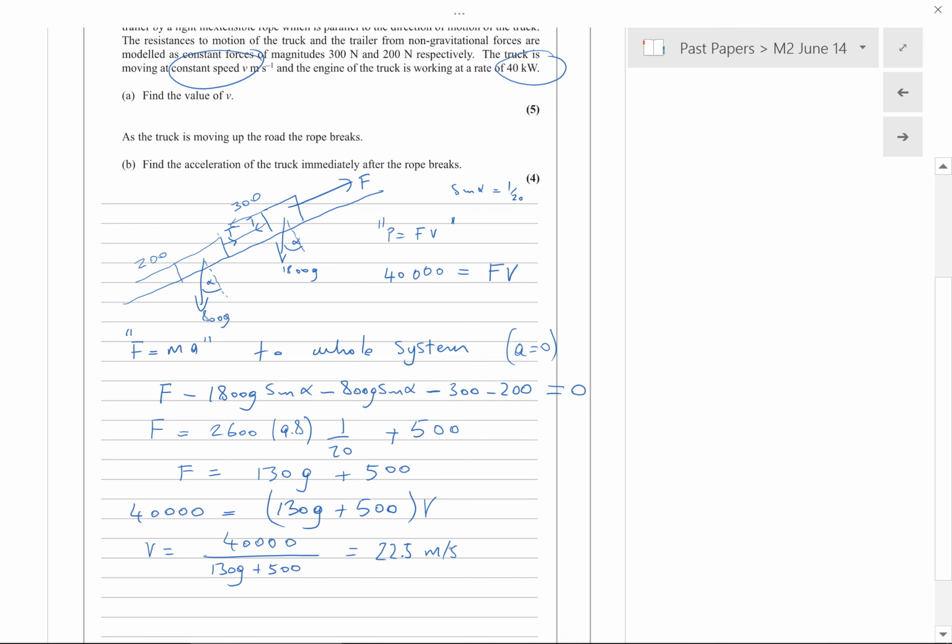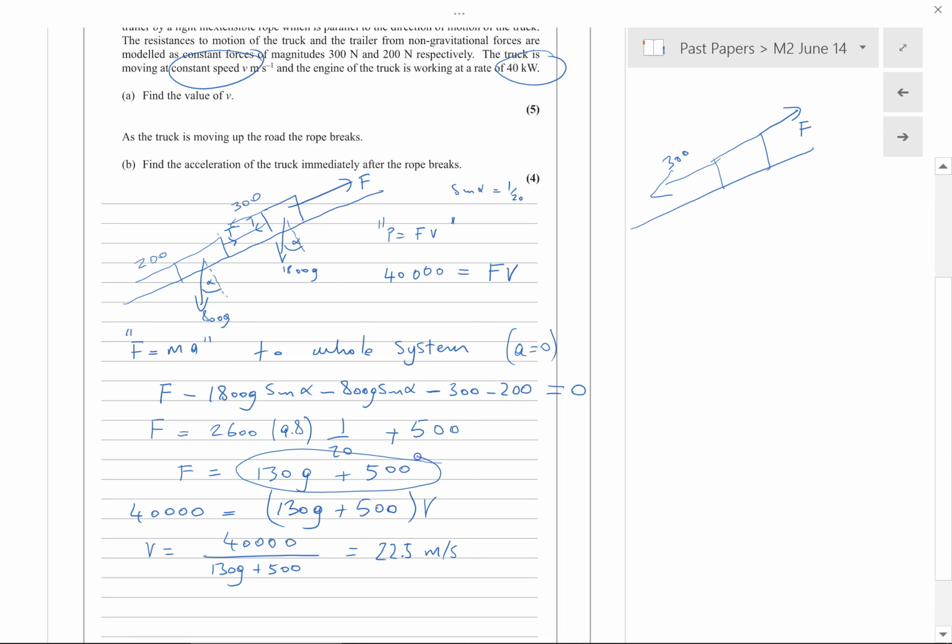Okay, and then the next bit says that as the truck is moving up the road, the rope breaks. Find the acceleration, because what's going to happen now is that we've got the truck without a tension going back, with just a 300 newton force here, with the F that we had from before, the same F at that instance.